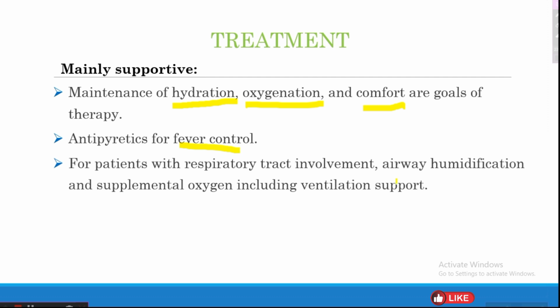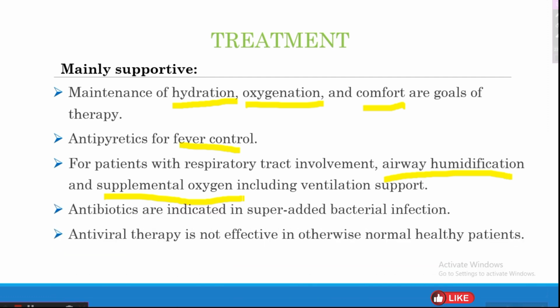We shall also give airway humidification and supplementation of oxygen, including ventilation support to those patients who have respiratory tract involvement. And the antibiotics are indicated in superadded bacterial infection, but normally they aren't indicated. Then antiviral therapy is not effective in otherwise normal healthy individuals.